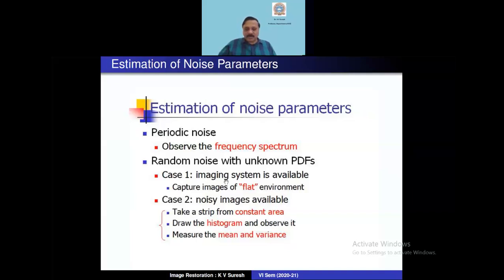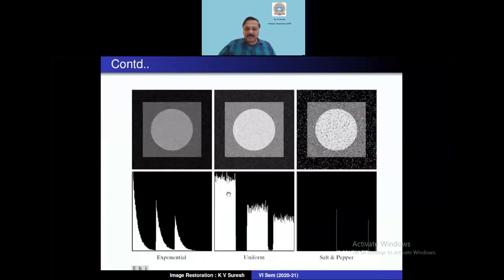The camera is with me. If I don't know what type of noise it is going to add, the best thing to do is use that camera and capture images of a flat environment. Why a flat environment? Just now you saw that if I plot the histogram of the flat environment, I will find the shape of the noise.